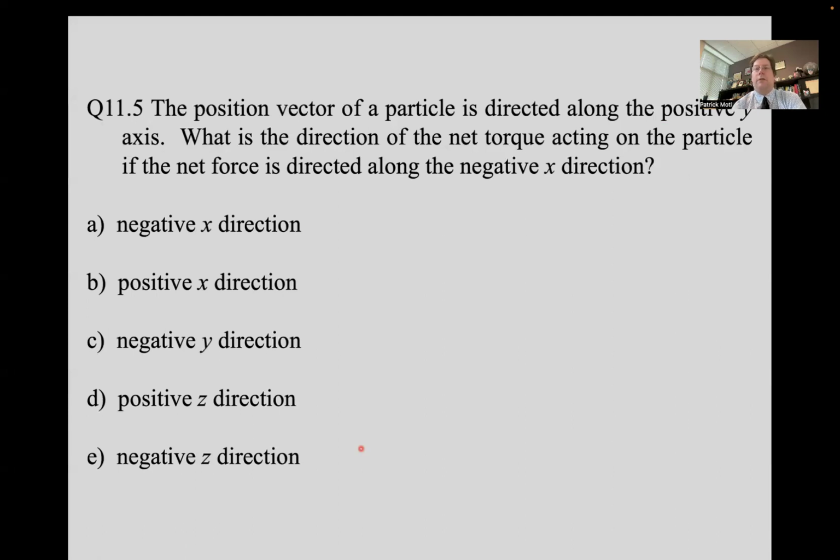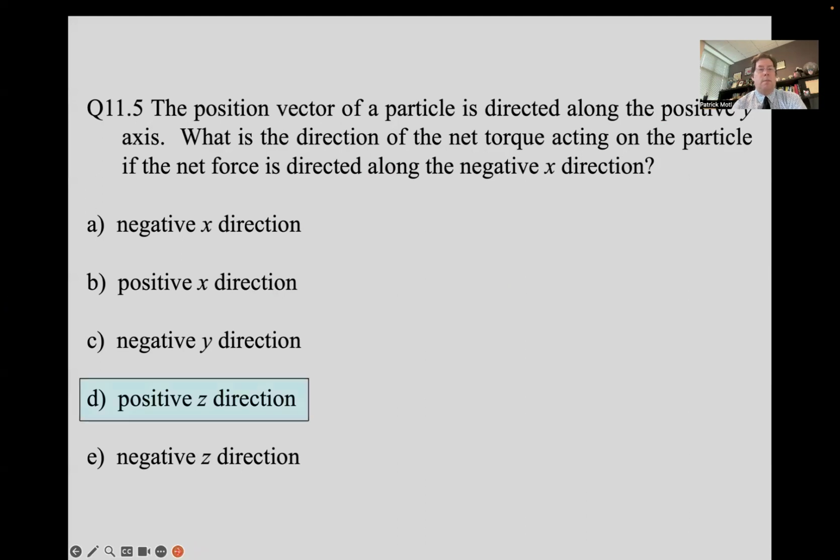So try that out as a vector cross product. Position is along positive y. The force is along negative x. The torque is going to point along what direction? So try that out, and then we'll work it out together here in just a bit.